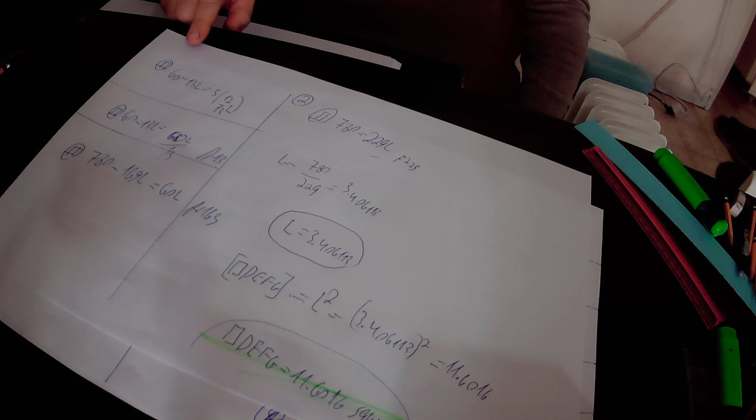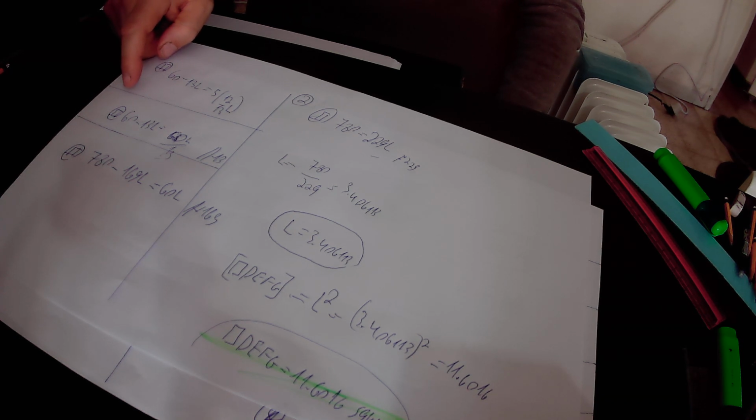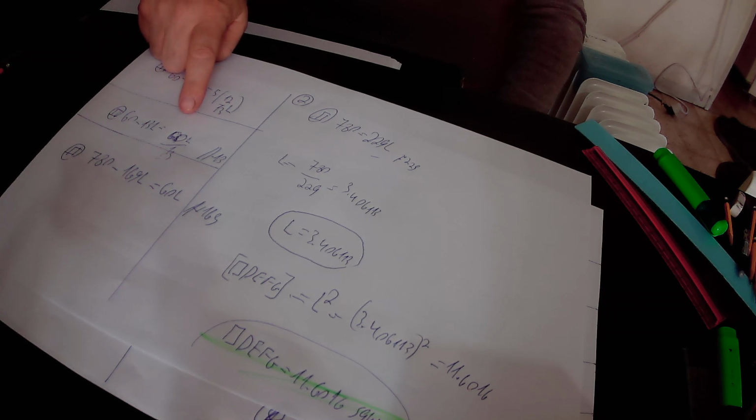So we have equation 2: 60 minus 13L equals 5 times 12L, which is 60L over 13.